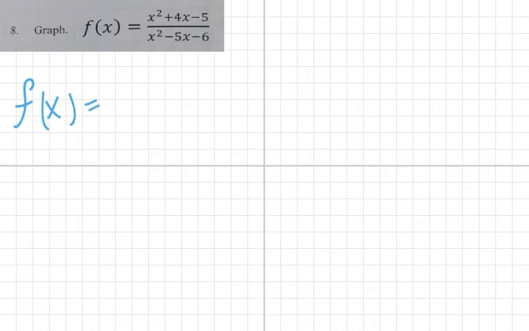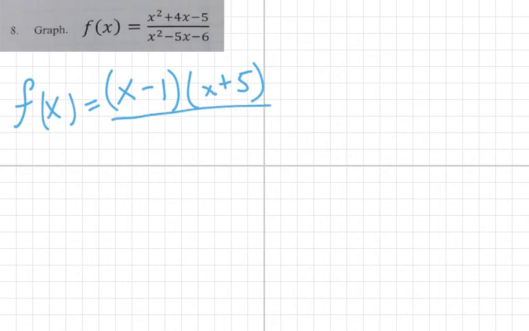So looking at the numerator, we're going to get x minus 1, x plus 5, okay? Then we're going to get for the denominator, x plus 1, x minus 6, okay? So that's going to help us figure out a lot of this information.